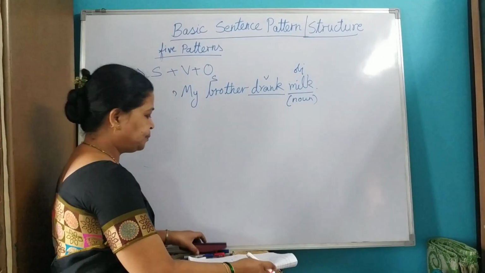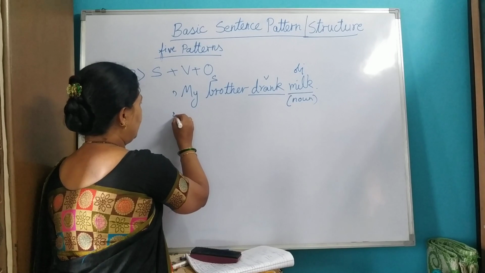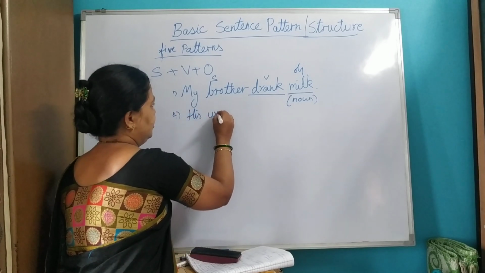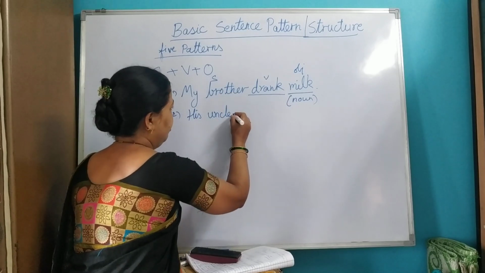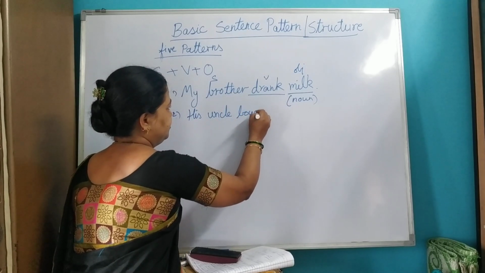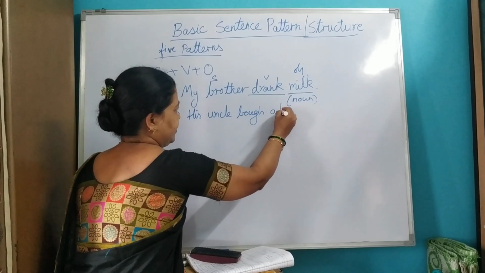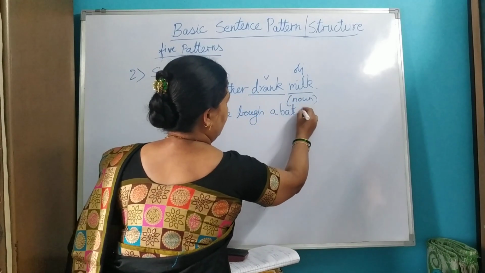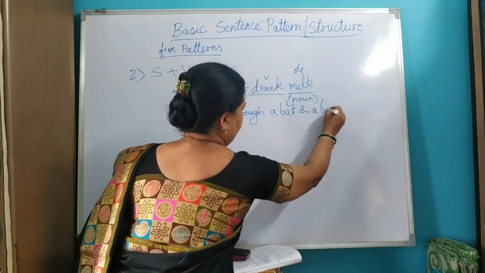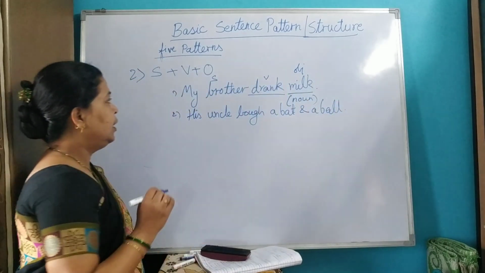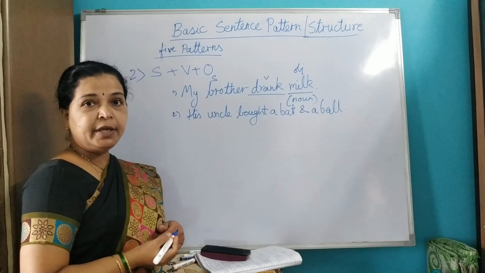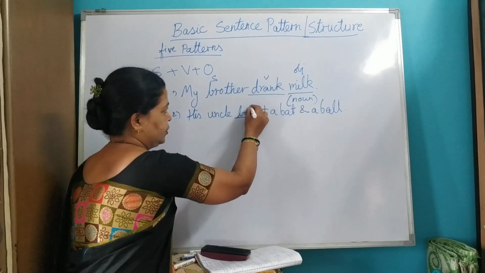Next example, second one. His uncle bought a bat and a ball. Now, the action word here is bought.